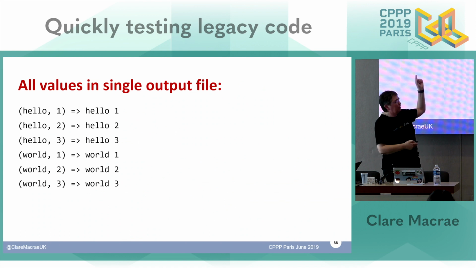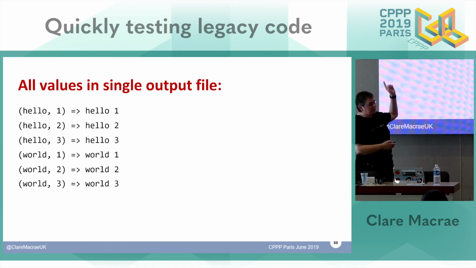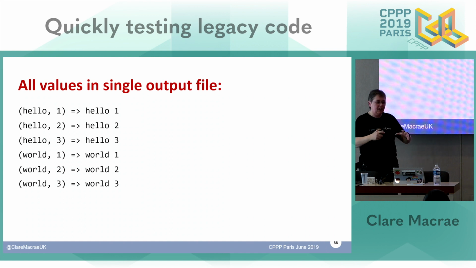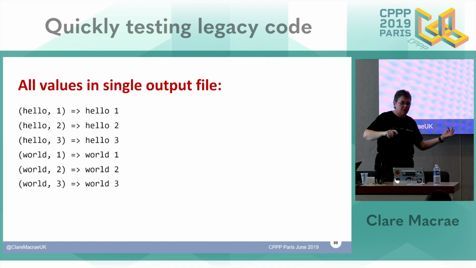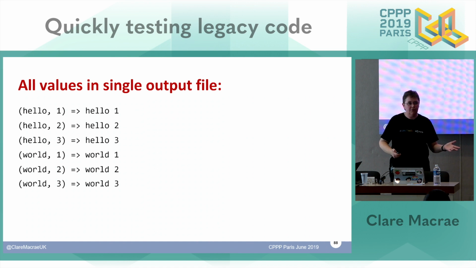So the output that came from that lambda is showing that with the inputs hello and 1, the outputs are hello space 1. So it's a trivial example, but this is trying to convey the value of formatting your text so that it shows the input data that you're feeding into the thing that you're testing and the output. It makes it much easier for anyone inspecting a test failure in future to understand what's changed and what's going on.